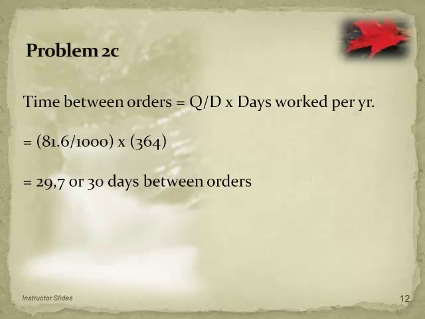Don't try to convert work weeks into work days, because you're usually not given the information whether the company works 5, 6, or 7 days a week. If you start to assume information like that, you're just going to get yourself in trouble. If you're given the work weeks per year, just multiply by the work weeks, and the time between the orders will be represented in weeks as opposed to days in this example.